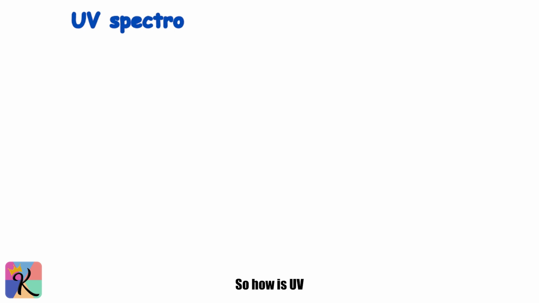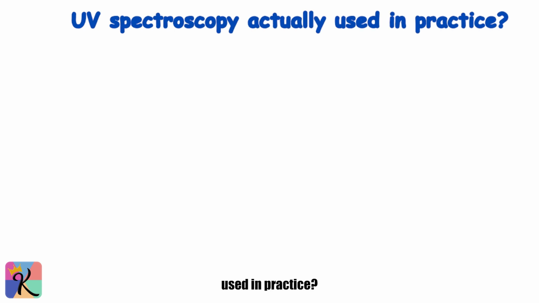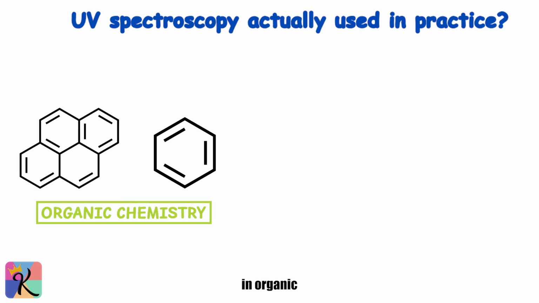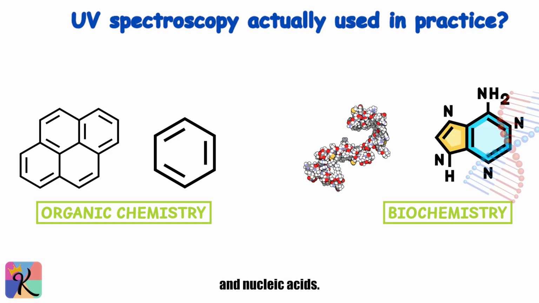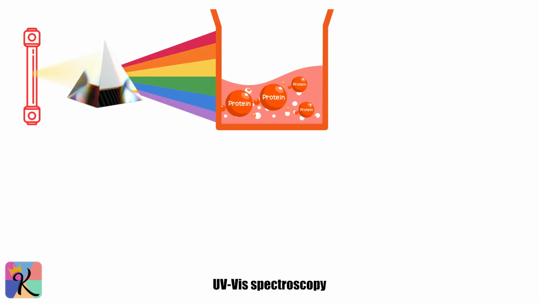So, how is UV spectroscopy actually used in practice? It's a crucial tool in organic chemistry and biochemistry for studying molecules with conjugated systems, like aromatic compounds and biomolecules such as proteins and nucleic acids. For example, UV-Vis spectroscopy can help determine the concentration of a protein in a solution by measuring absorbance at a specific wavelength.